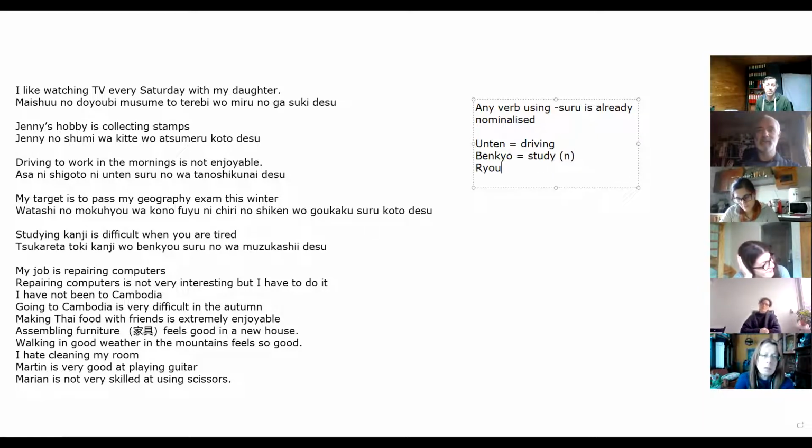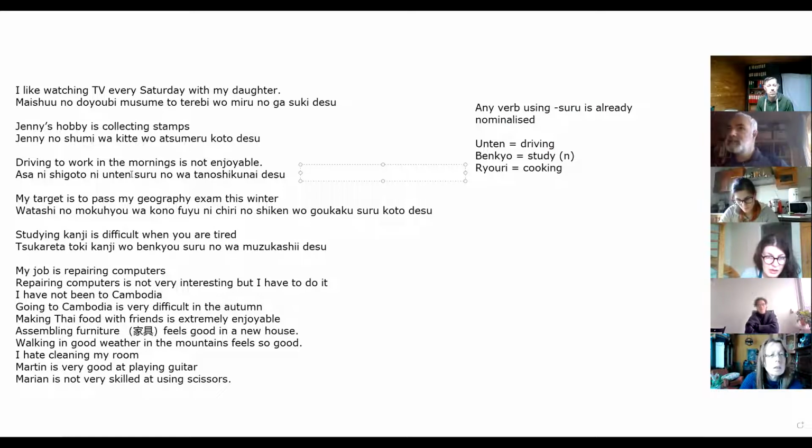Ryouri means cooking. So these are actually already nominalized for you. So it's not a mistake to say, for example, the one that Effie did: asa ni shigoto ni unten suru no wa tanoshiku nai desu. It's not a mistake to say asa ni shigoto ni unten wa tanoshiku nai desu. This is also completely correct. You can drop the suru no wa. You don't have to say it. But as this is a lesson in nominalization, I still want you to do it if we have a suru verb. It's good?